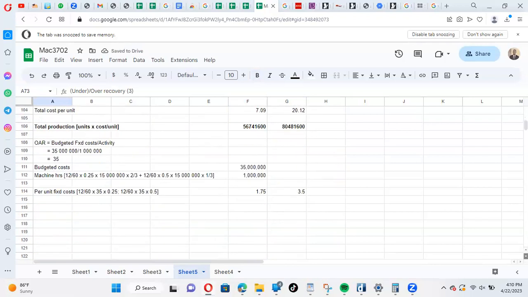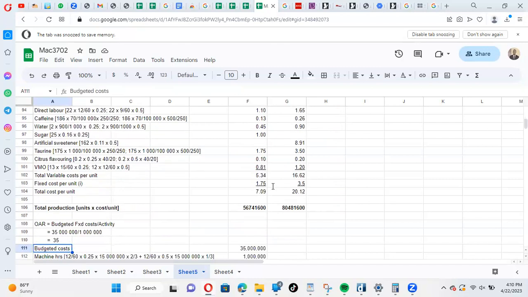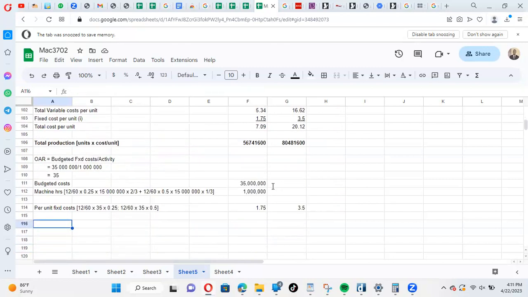So closing inventory, we need the units first. So this is working 3, I presume. Closing inventory. So obviously we need to get production. Let's say units produced, and then units sold.